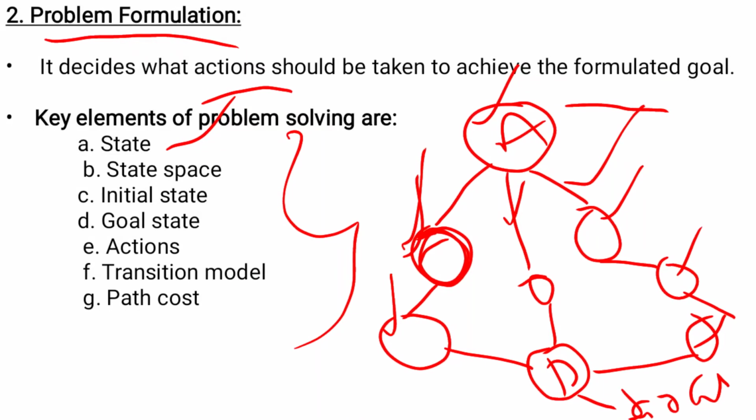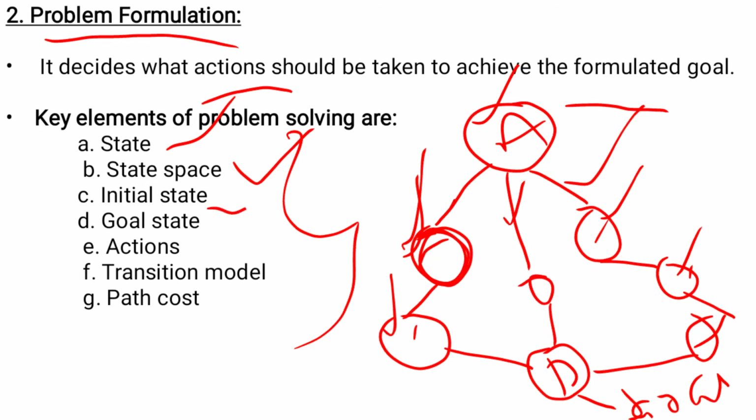This includes all the states. This is a state, this is also a state, and this is also a state. What are the different alternatives to reach the goal, that is the state space. If the entire state space representation of a problem is given, it is possible to trace the path from the initial state to the goal state, and it also helps to identify the sequence of operators necessary for doing it.